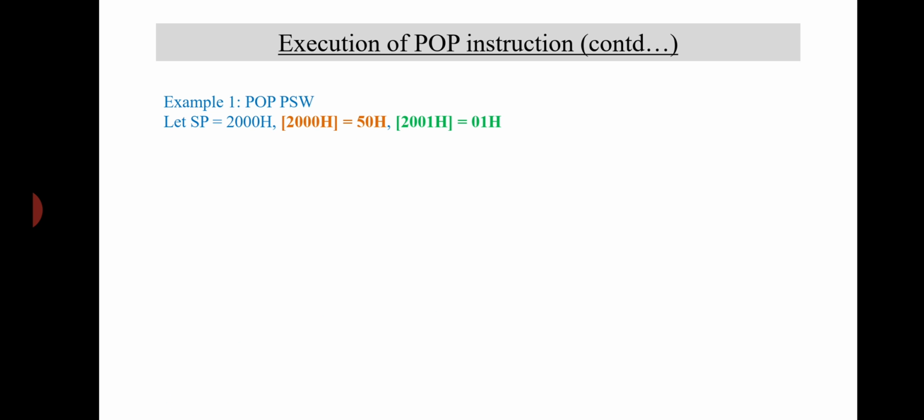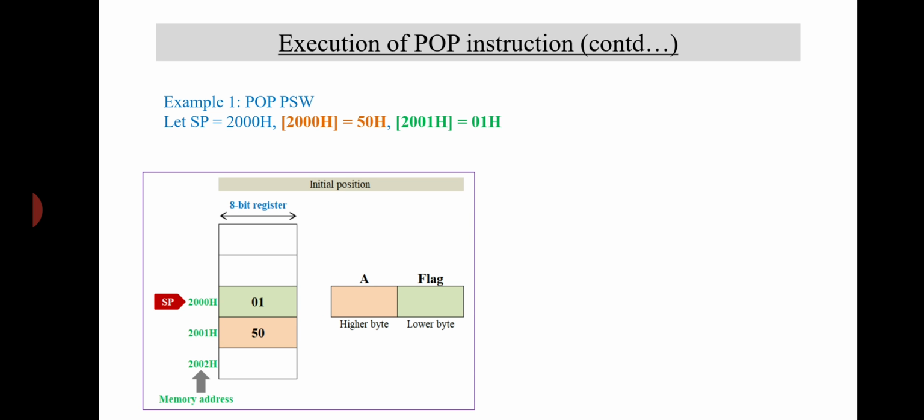POP PSW will make the data be retrieved from the stack to the flag register and accumulator respectively. This is the initial position of the stack, where you can see that the stack pointer is pointing to the location 2000.